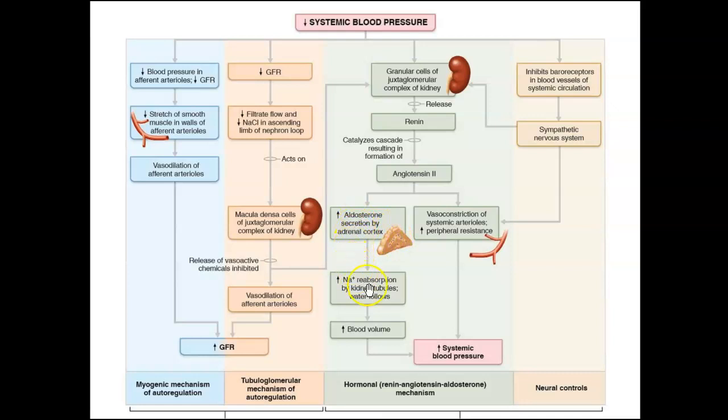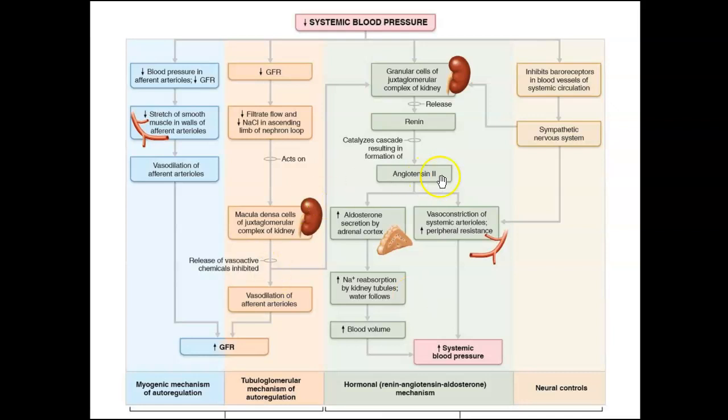Now, what aldosterone does is it increases sodium reabsorption by the kidney tubules. And there is one thing that we learn in anatomy and physiology, that water follows salt. So if the kidney tubules are reabsorbing more sodium into the blood, water's going to follow. And when you have more water in the blood, you have a higher blood volume, and higher blood volume raises blood pressure.